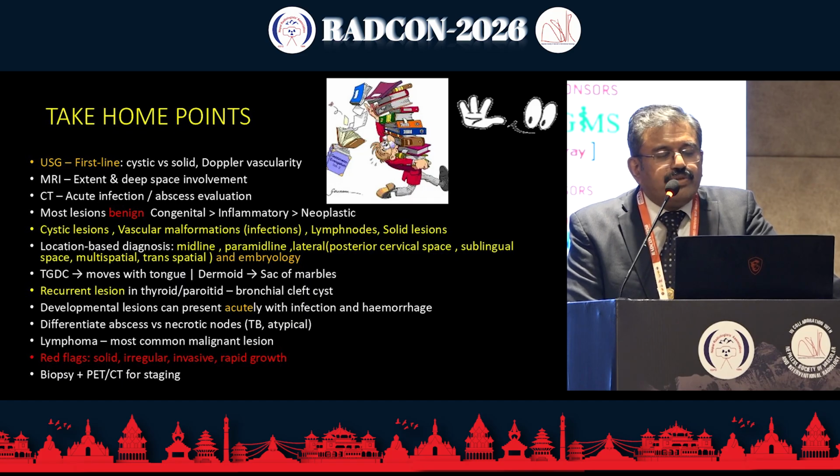Clinically also we have to consider that for recurrent lesions in the thyroid and parotid, I told you to consider first and fourth branchial cleft cysts. And sometimes congenital lesions can present acutely, like with hemorrhage, or if infected, then they can present acutely. Don't consider it an acute lesion. This may be an existing congenital lesion which is complicated.